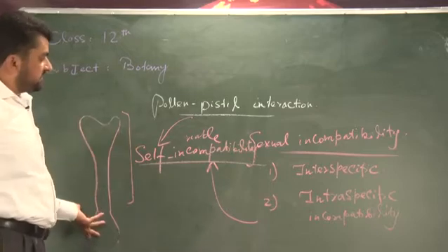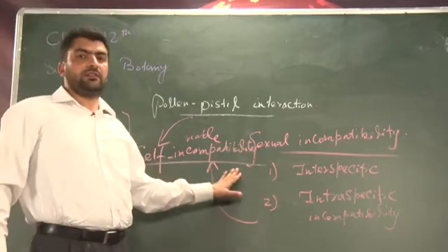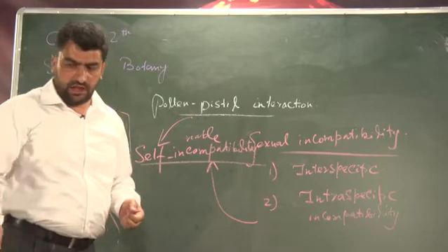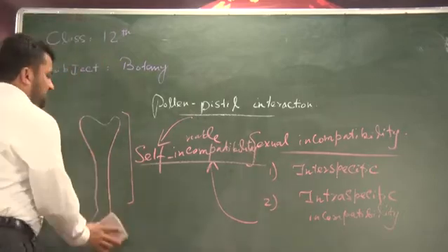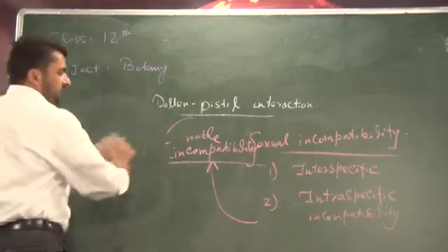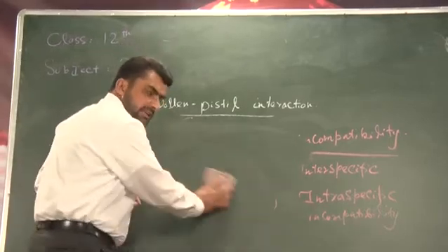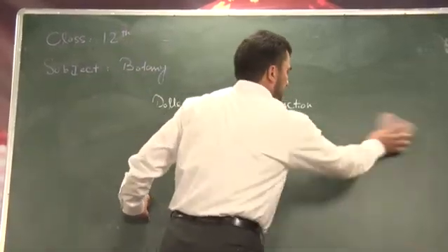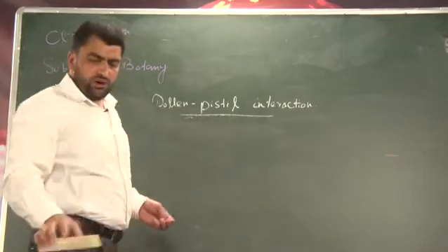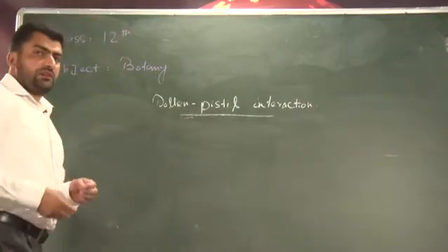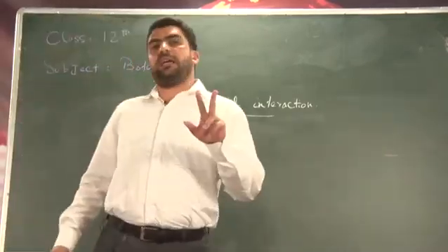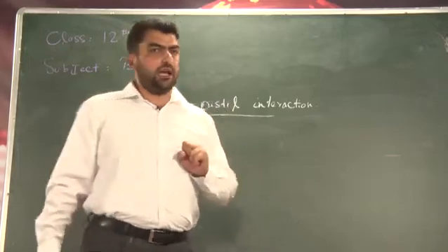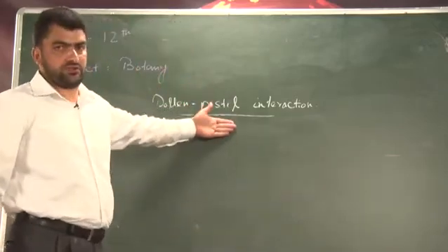I mean, that phenomenon is precisely called self incompatibility. Now, without going into different types and typifications of this self incompatibility, we shall be focusing on two different types of self incompatibility. That shall be the part of our discourse today.